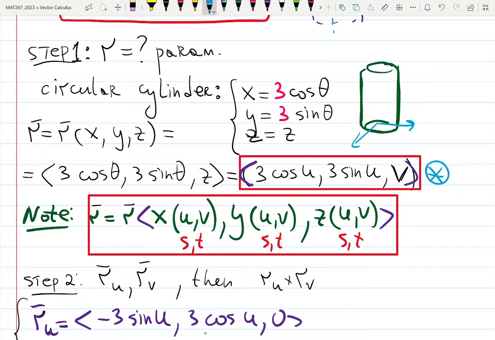So we want to see if z is increasing with time, or at least not decreasing. So I can say that the cross product points away from the z-axis. Then we keep the same sign. We don't have to change the sign.